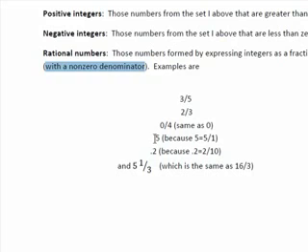You may not think of 5 as being a rational number because it's not the ratio of two numbers, but really it is, because 5 is 5 divided by 1. You may not think of a decimal as a rational number, but remember, decimals can be referred to as a ratio of something over 10 or over 100 or over 1,000, depending on how far out the decimal goes.